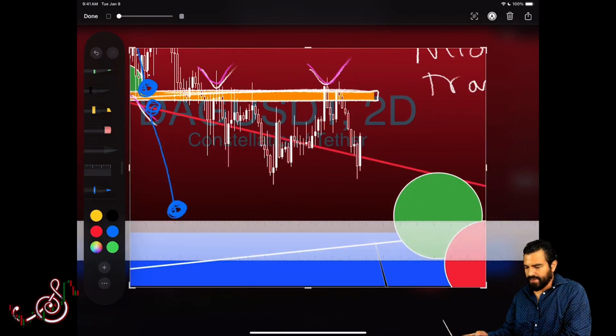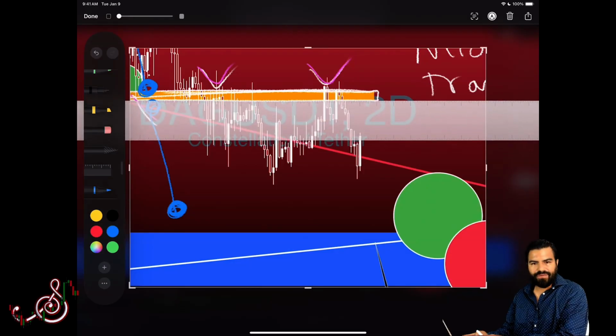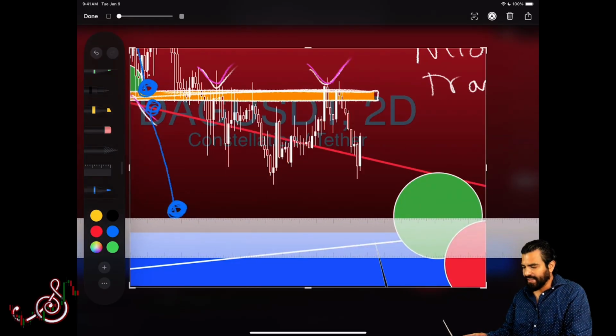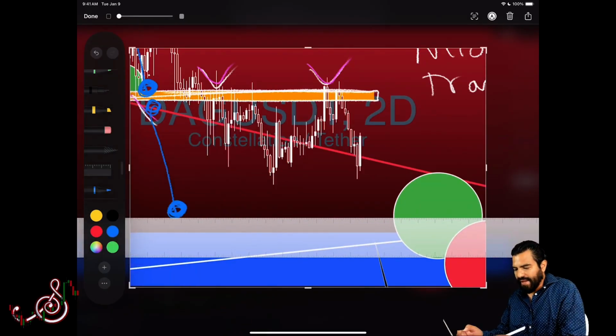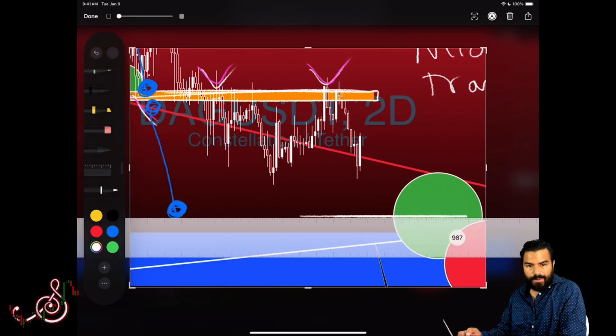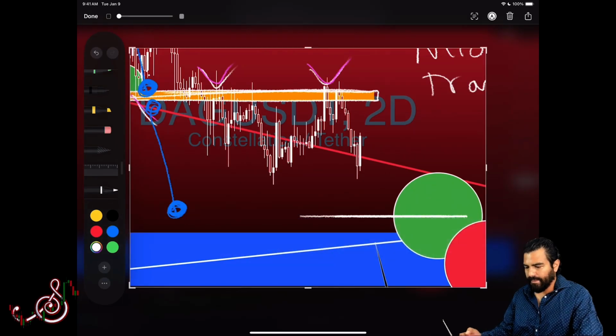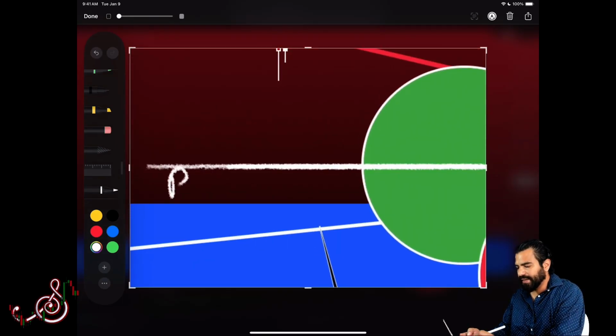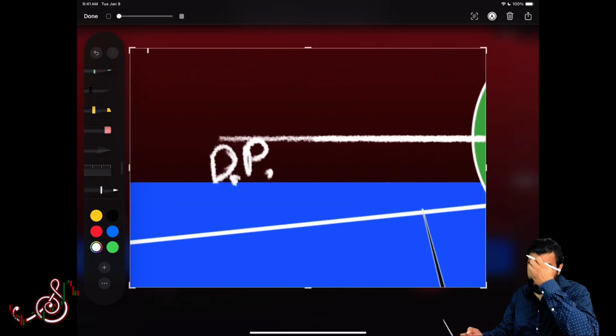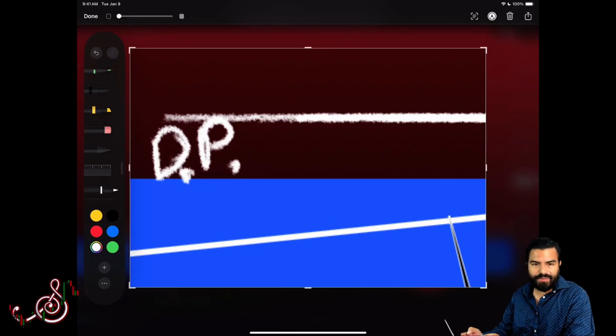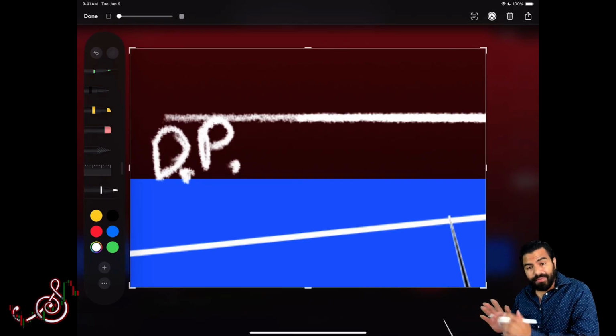In this case, we're going to take the angle, which is a flat angle, and bring it down here. This is how we can have a higher degree of confidence that we're more likely to get to this price right here. This is going to be called DP, or duplicate projection. We used to call it descent projection or descent point projection, but now we just call it DP projection, duplicate projection.